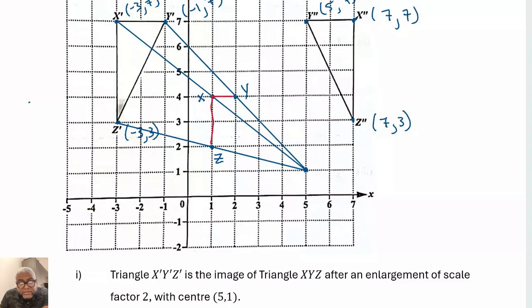In your books. Isaiah, you get this? Does it line up? I'll come and check it. Right, that's 2. This here is my original triangle. You get this?